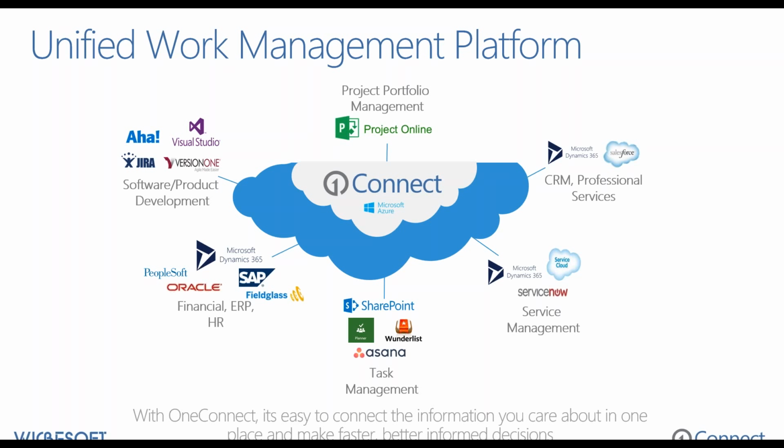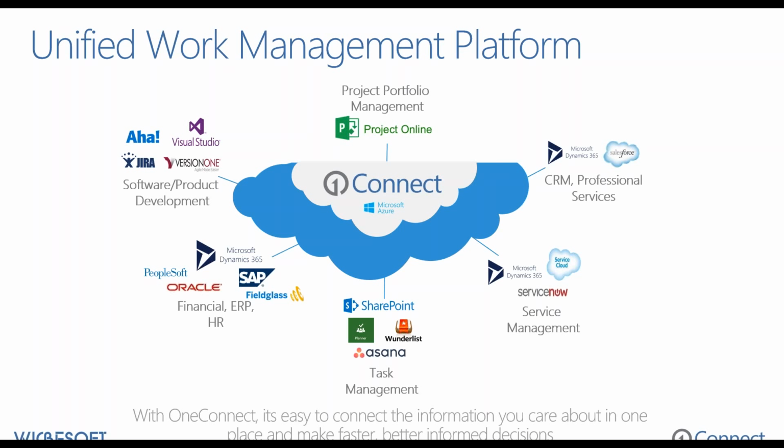Also, folks want to integrate with their CRM systems like Salesforce, Dynamics 365 CRM for professional services and customer-facing types of operations. And then ultimately, there's the need to often integrate with financial ERP and HR solutions to round out the mix.